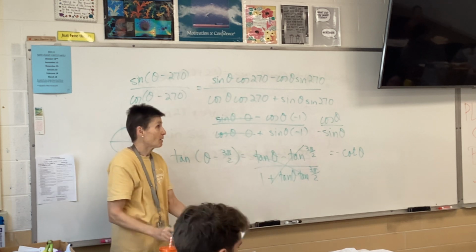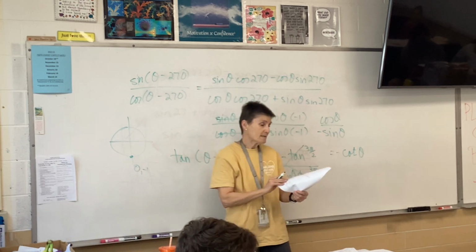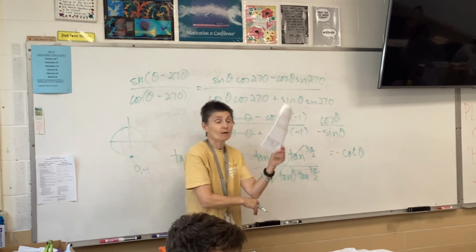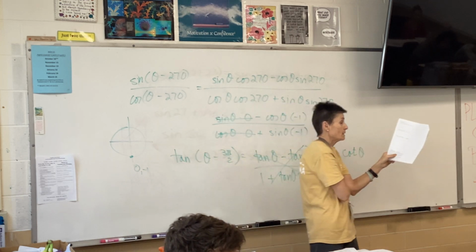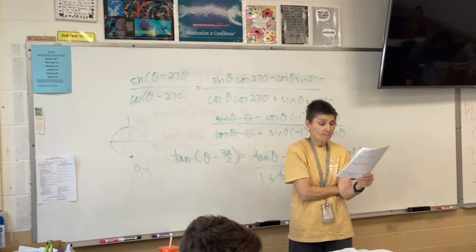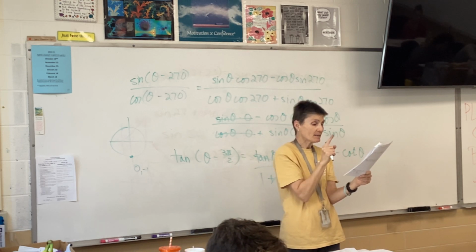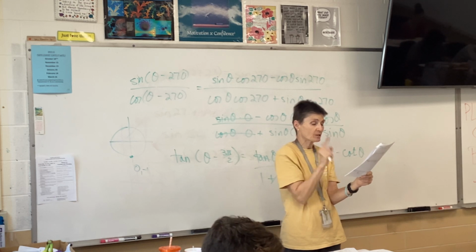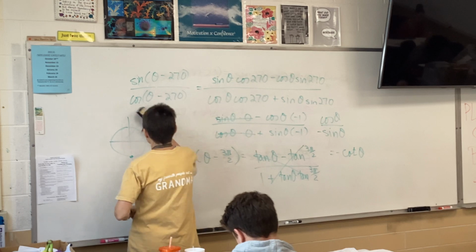All right, quickly, part 3, and then we'll go to lunch. Part 3 is the backwards of what we've been doing. So what you need to do is look at your formulas. Which one is sine, cosine, plus cosine, sine? Which formula is that?